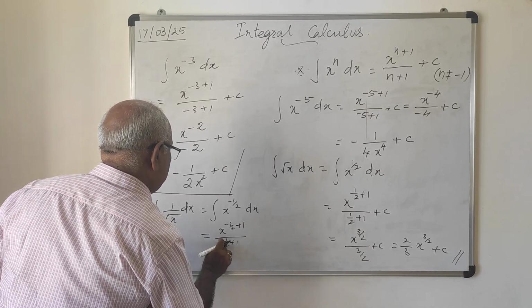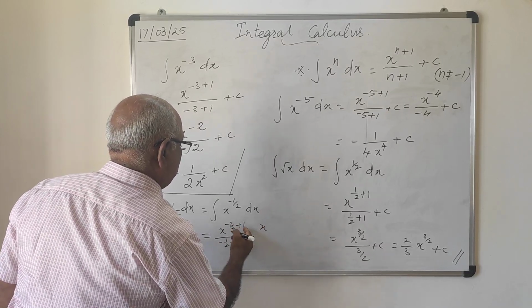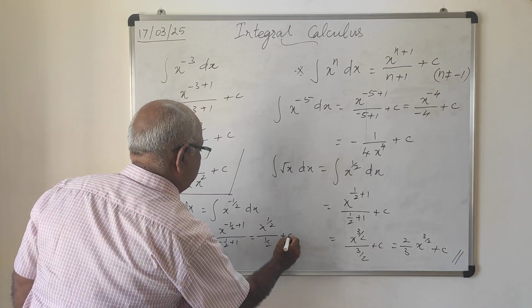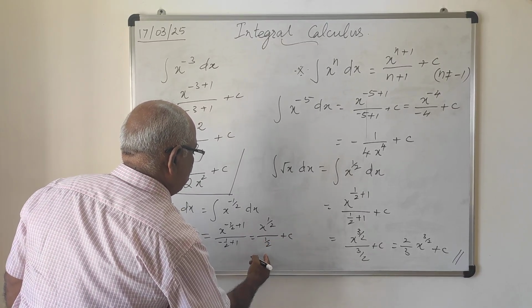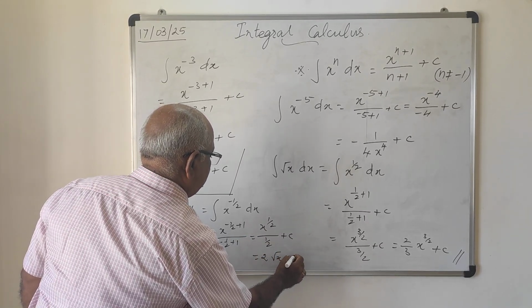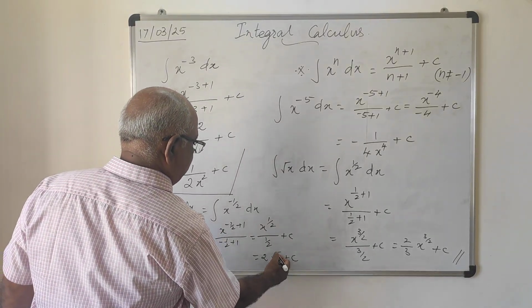Minus half plus 1 is half. So x power half by half plus c. That is, 1 by 2 in the denominator becomes 2. X power half is root x plus c. So integral 1 by root x dx is 2 root x plus c.